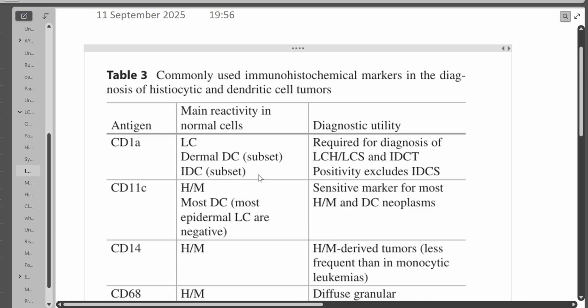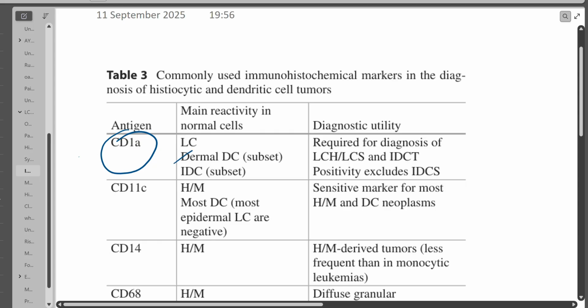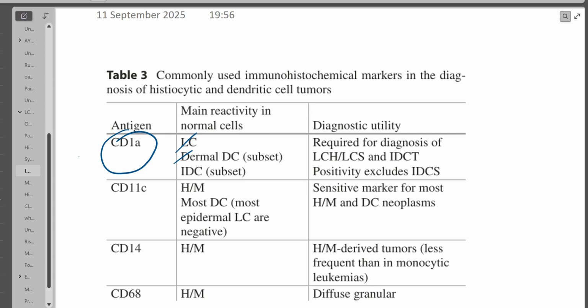So when the dendritic cell comes into the dermal subset, usually, or inside the tissue or inside the bone, which is very thin, then you get CD1a. Most dendritic cells are CD11c positive.